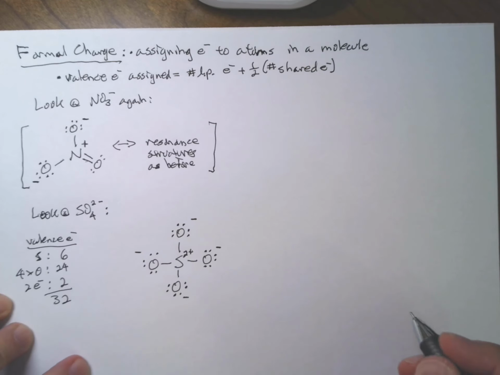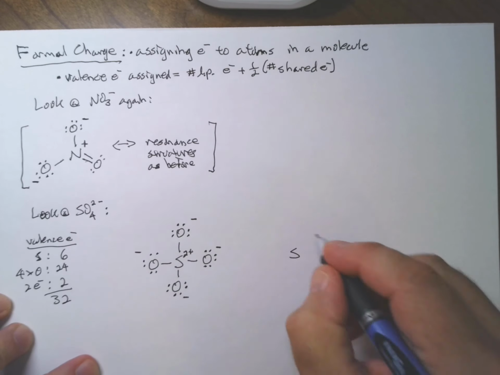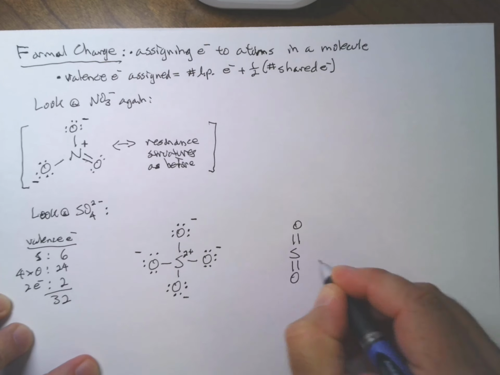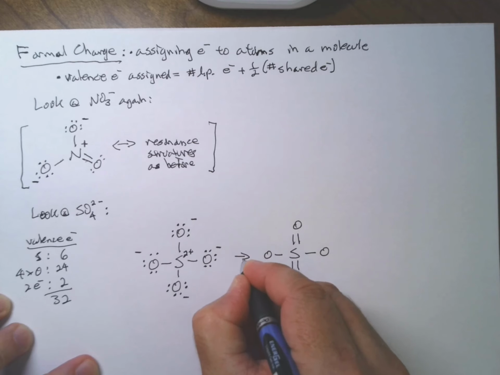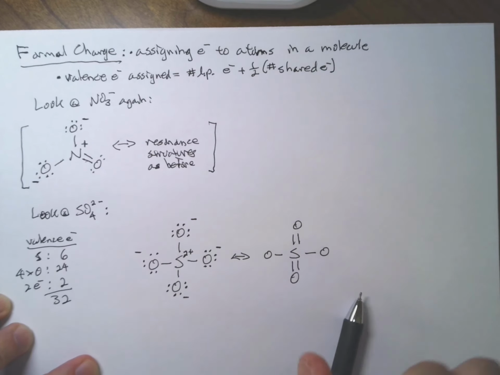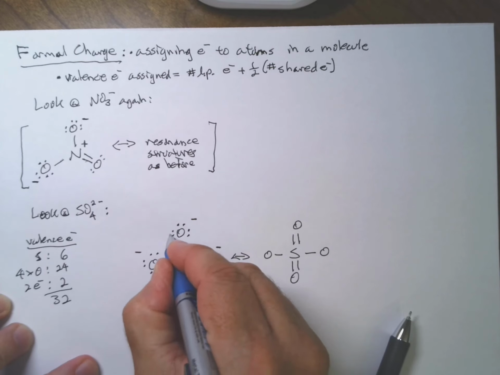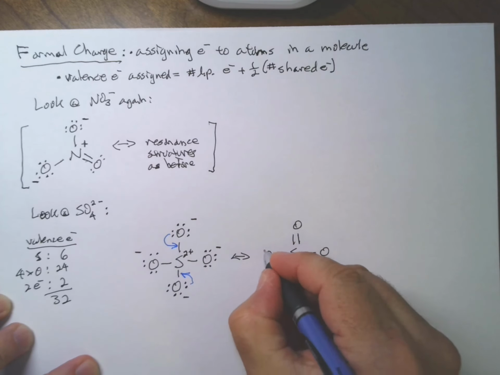Okay, let's compare this to, what if we did this instead? What if we did sulfur, and these are actually resonance structures. So what I'm going to do here is push these electrons down there and push those electrons there, and I'm going to have the following.